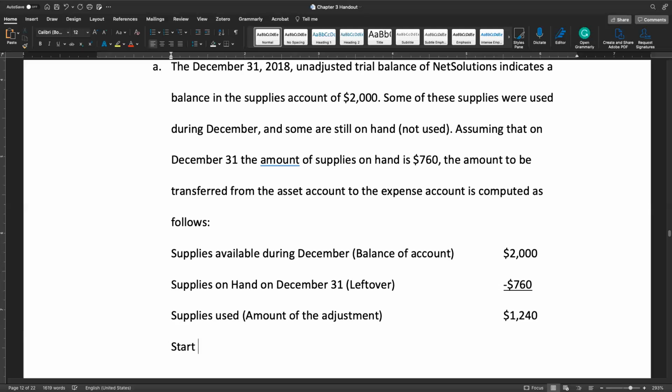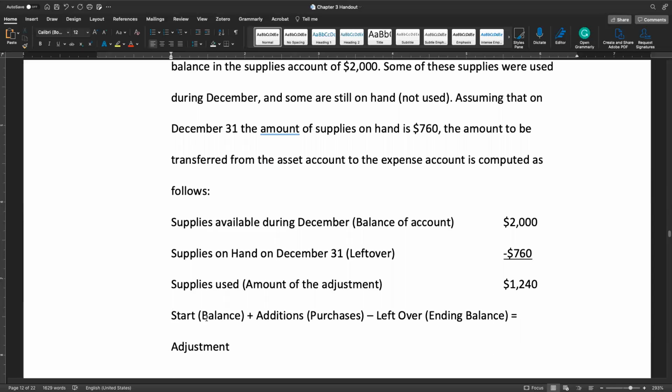Whatever you start out with, or the balance, plus additions or purchases, minus what we have left over, or the ending balance, equals the adjustment.